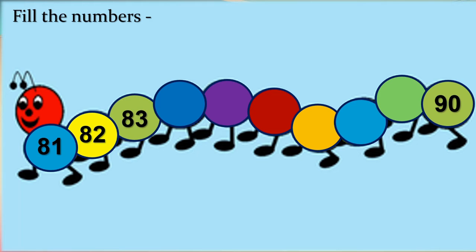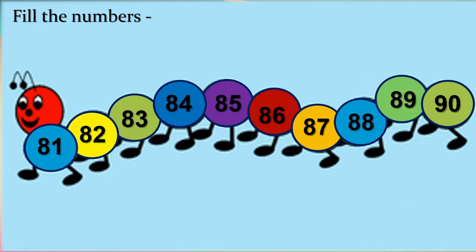Next number 84. Next is 85. Let us add one more. We get 86. Add one more. We get 87. Next number will be 88. Then comes 89 and 90 is there. Yes, we have completed the writing of numbers from 81 to 90.